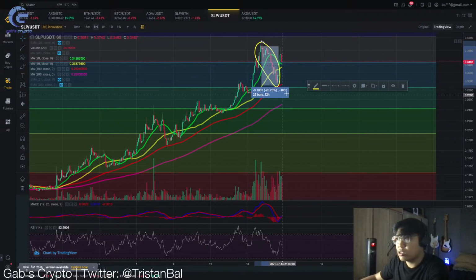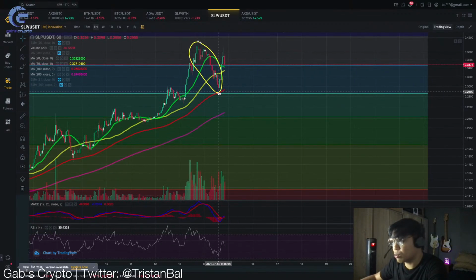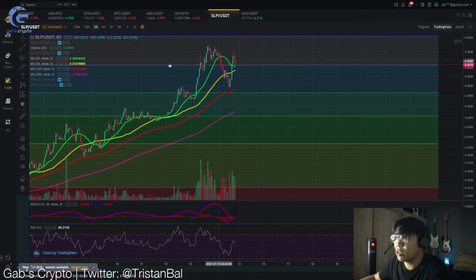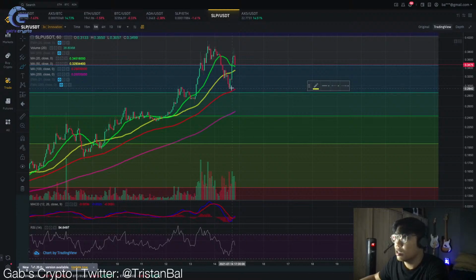So, this is what you should understand na what goes up must come down regardless kung ano yung kanyang movement. So now we are seeing this play out na. So what's next for SLP? So what's next is you should now be looking at this recent pump. So ito, nagkaroon tayo ng pump and right now we are getting a decline.